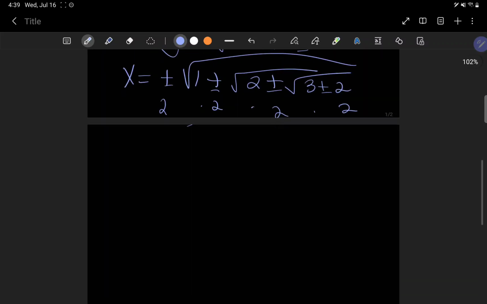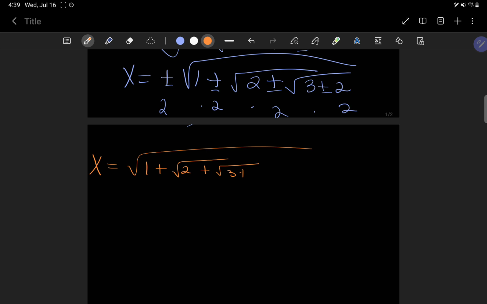So we just have to do every combination. I think so. Okay. I'm going to write it in orange. So one of them will be the positive square root of 1 plus square root of 2 plus square root of 3 plus 2. Then we have the negative of that.